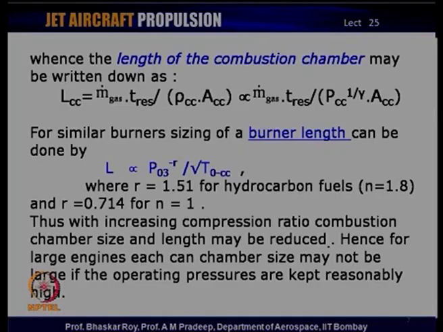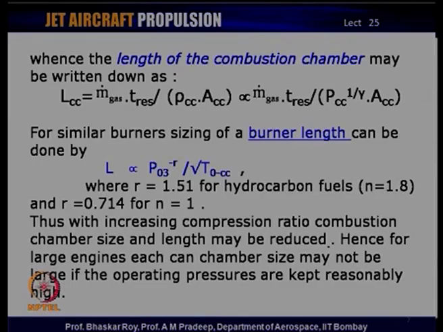Now, r is 1.51 for hydrocarbon fuels that are used for combustion in aircraft engines, and as we have stated before, n is equal to 1.8. And r is equal to 0.714 for other kinds of fuel, where n is equal to 1.